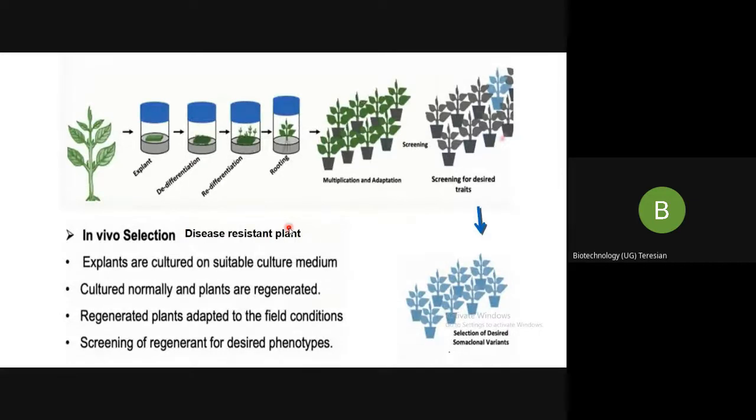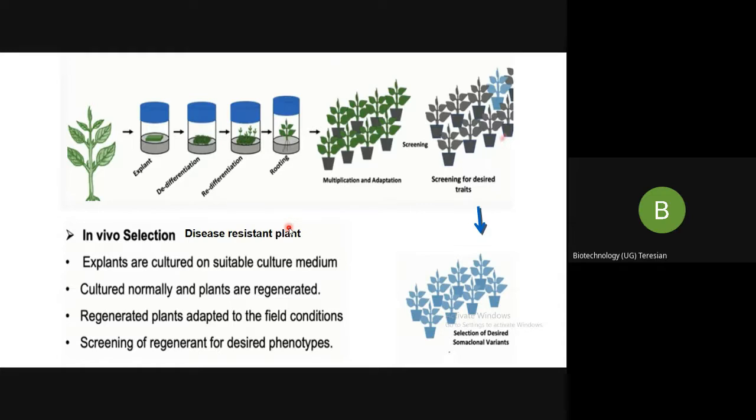Next, we shall study in vitro and in vivo selection. This is very important from the point of view of the examination, because your syllabus also speaks about somaclonal variation, and how it can be useful to produce a disease resistant plant.